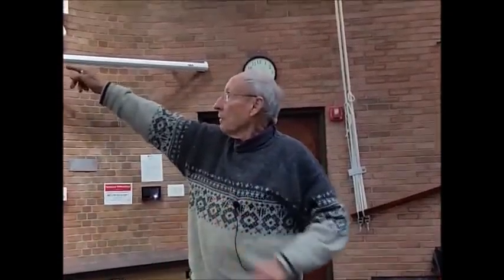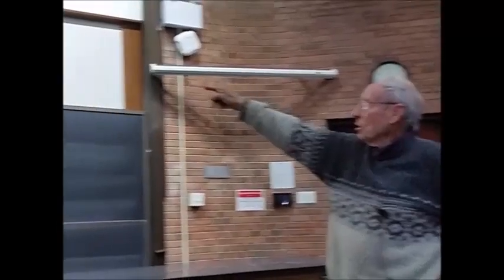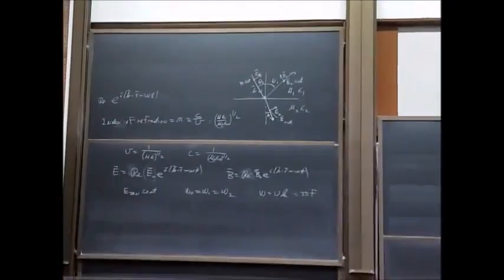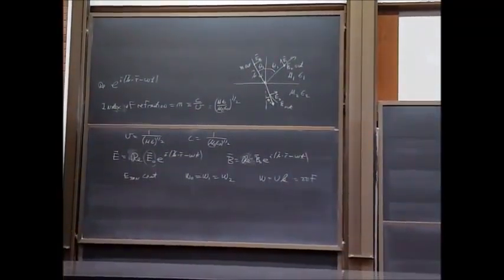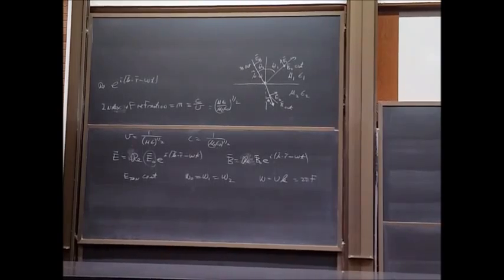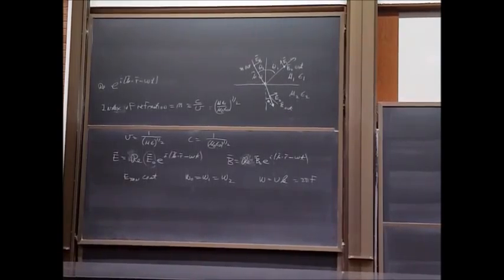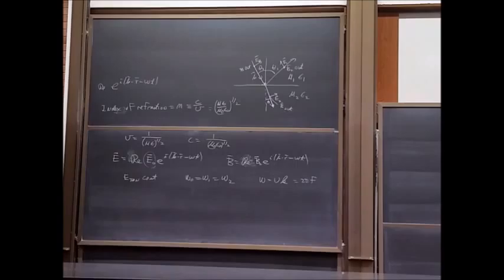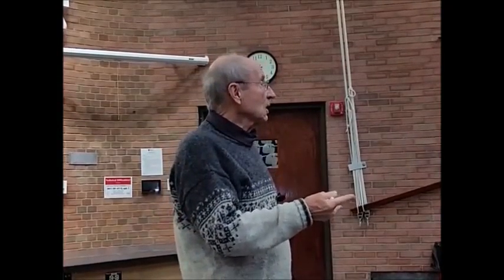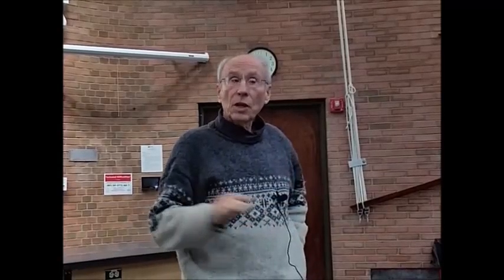So, if the velocity changes when the wave goes into another material, because the index of refraction is different, because the mu's and the epsilons are different, then either the frequency or the wavelength or both has to change. Because the velocity is frequency times wavelength, the velocity changed. So one or the other or both had to change.